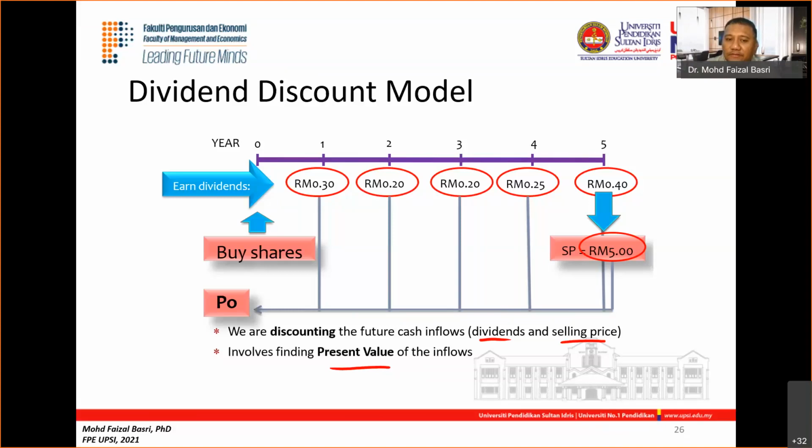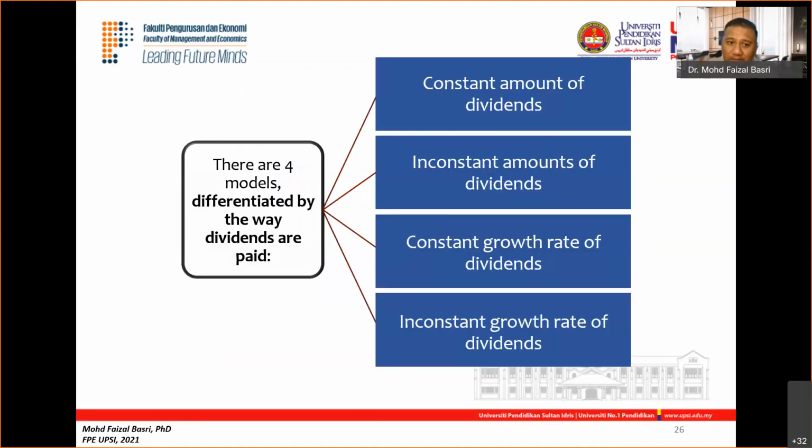And in order to solve the problems with regards to common stock valuation, we're going to split the dividend discount model into 4 different models, 4 different categories or types. The first one is known as constant amount of dividend, or in other words, a fixed dividend.